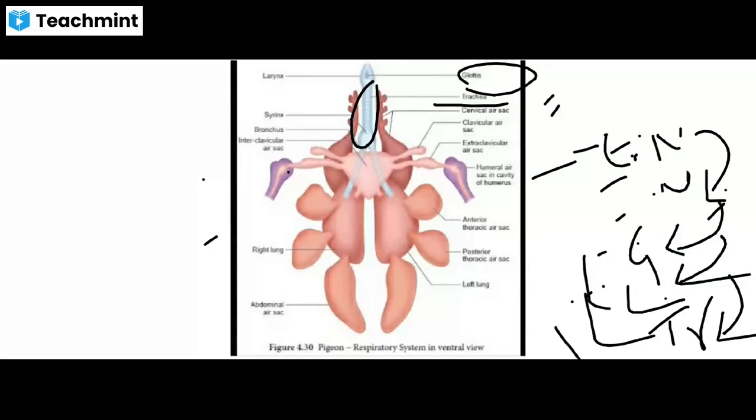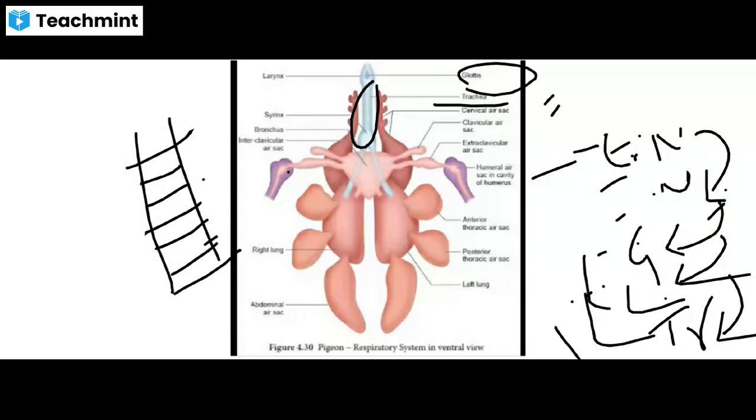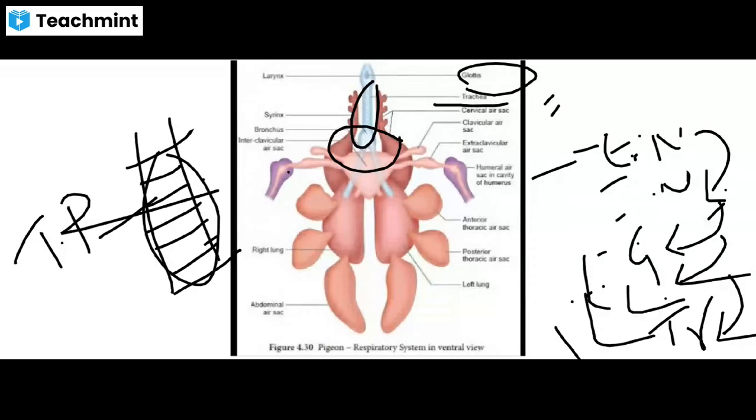The trachea contains many bony ridges. These ridges are called tracheal rings, and they support the wall of the trachea. On entering the thoracic cavity, it expands into a syrinx. This is the syrinx.